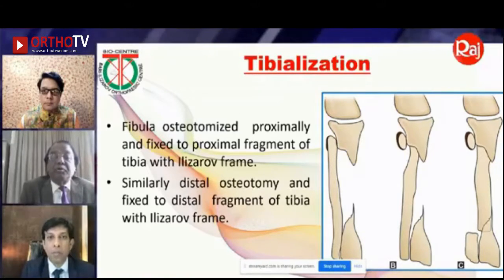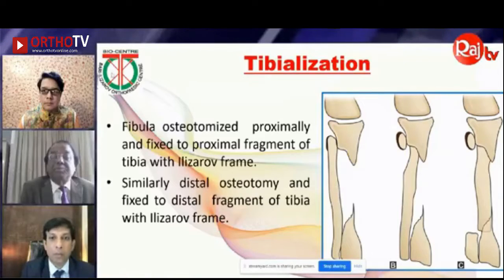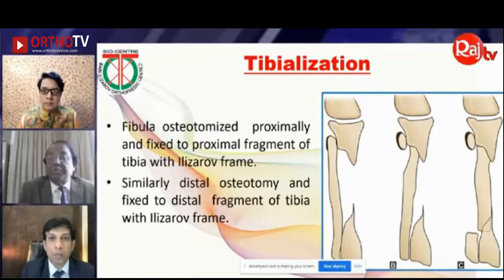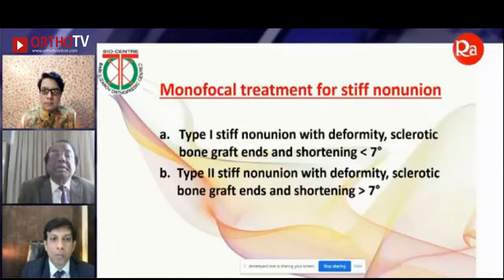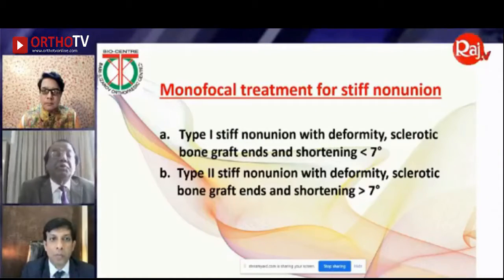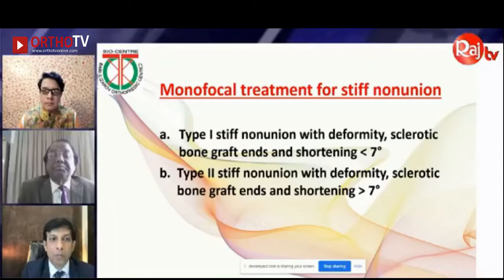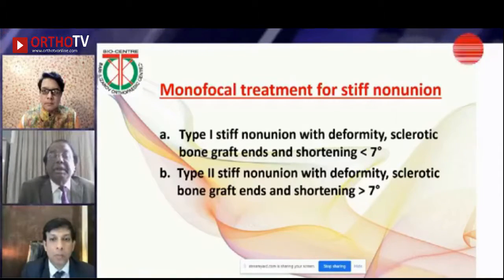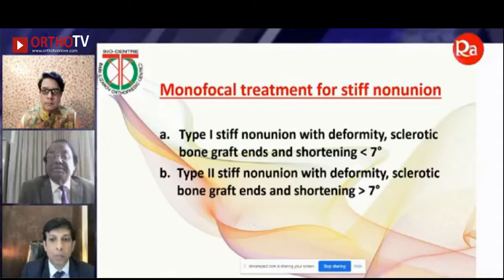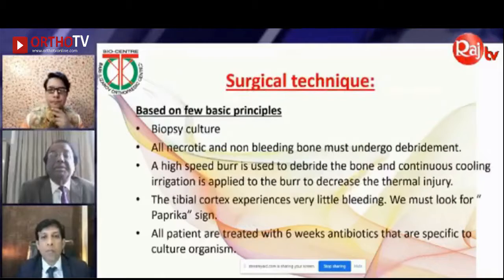Fibula, you go for osteotomy in the proximal part, then you can transport that one, you can put it in the tibia. Then monofocal treatment for stiff non-union, type 1 stiff non-union with deformity, sclerotic bone graft ends and shortening, and at the same time angulation less than 7 degree, and angulation here is greater than 7 degree.